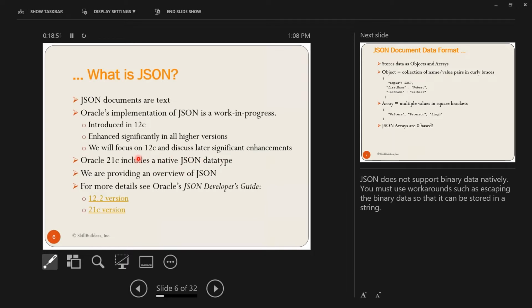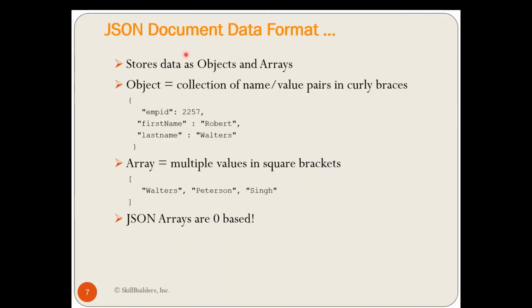You know how you create columns, you create variables in PL/SQL with a data type. They could be varchar2, they could be number, they can be a date, they can be a timestamp. Well, there is now a JSON data type in 21c. And it has a number of advantages we'll talk about later, but most people are not really using that now because most people are not quite up to 21c yet. Okay, so what's the JSON data format?